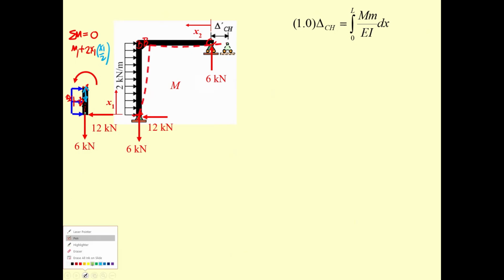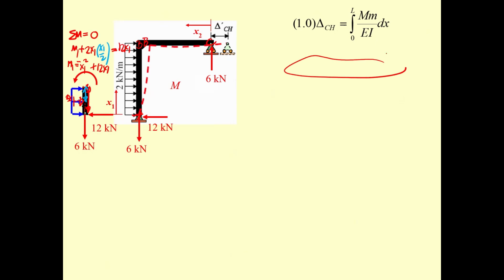And then this is going to be equal to 12 times x1. So your M1 is going to be minus x1 squared plus 12 x1, as you have it in your PowerPoint over here.